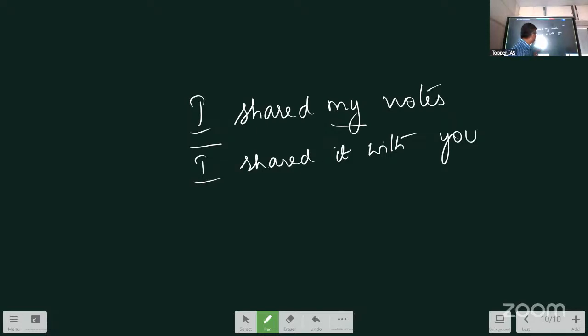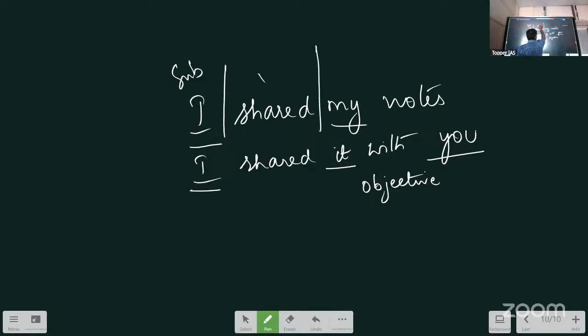Okay. Now you must be very careful here. This is subjective pronoun. This and this are called objective pronoun. ಏನಕ್ಕೆ ಇದಕ್ಕೆ objective pronoun ಅಂತೀವಿ? Look at this. This is the subject. This is the verb.